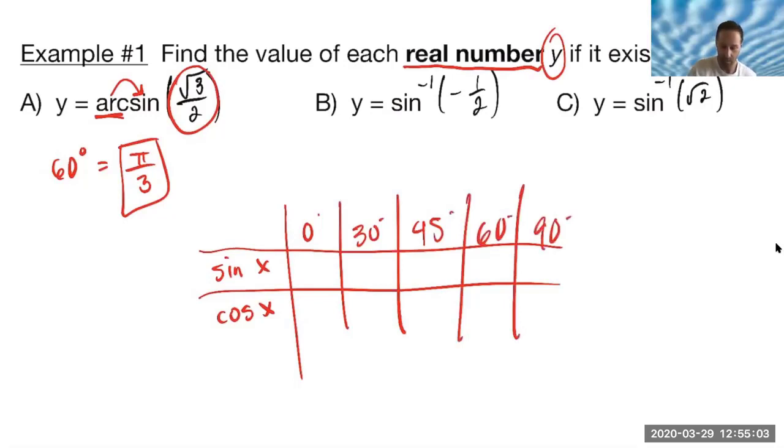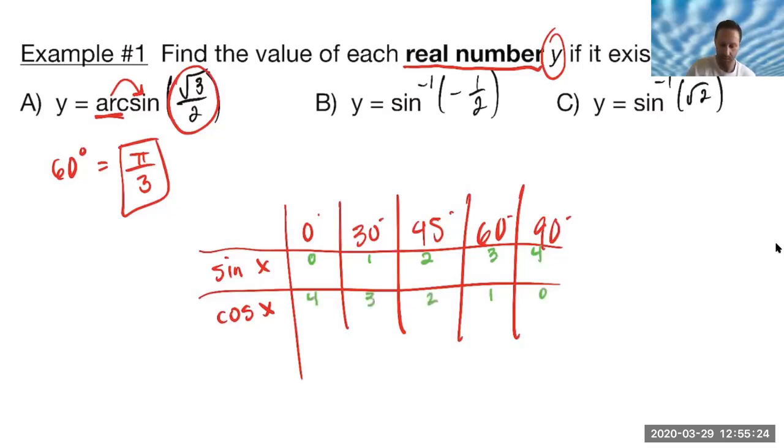And just to remind you all, you start at 0 and then just increase by 1. Then for cosine, which remember it's named cosine because it's the co-function of sine, meaning it's a complementary angle, you're just going to do the complement to this and do it in reverse order.